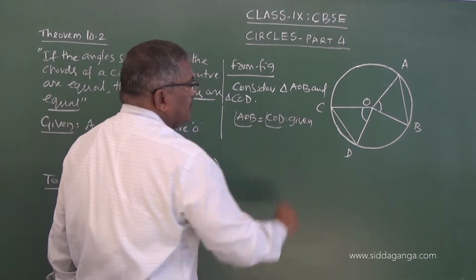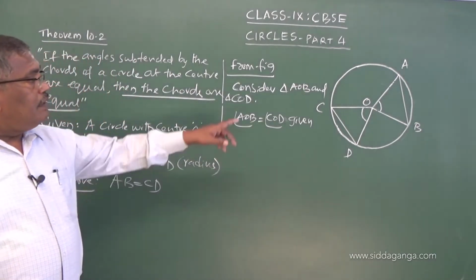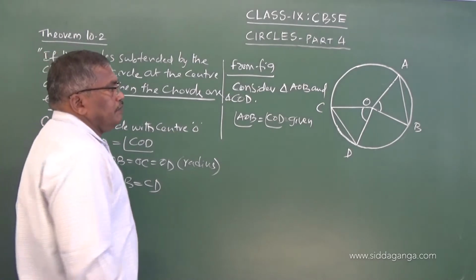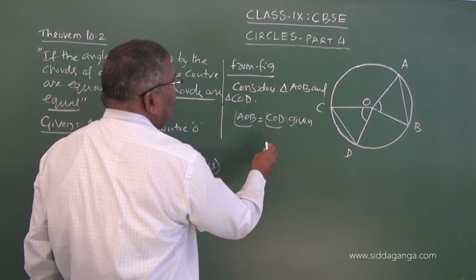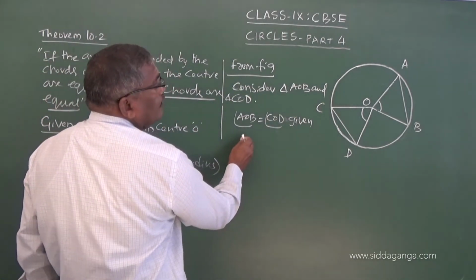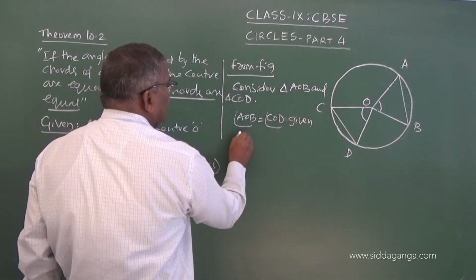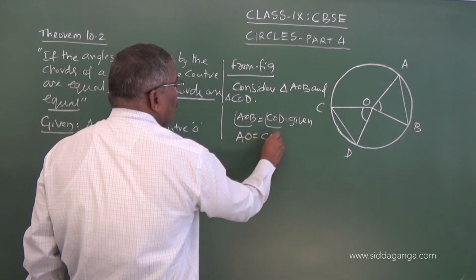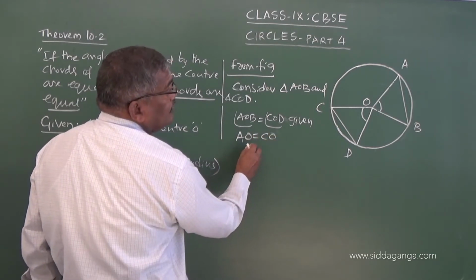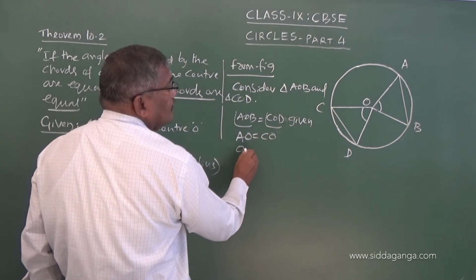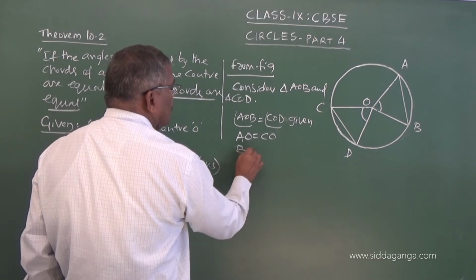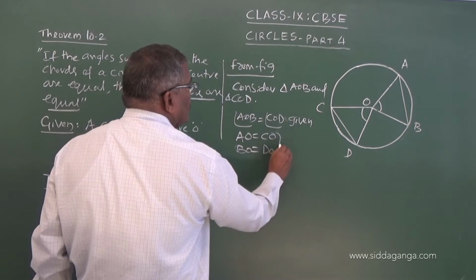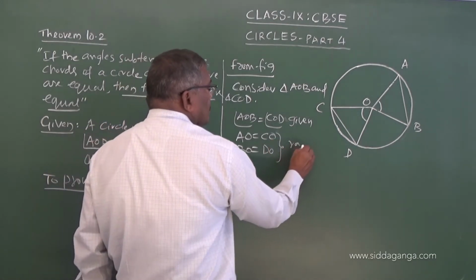In the statement itself they say the angles are equal. Now see, we have AO equals CO and OB equals DO. These are all radii.